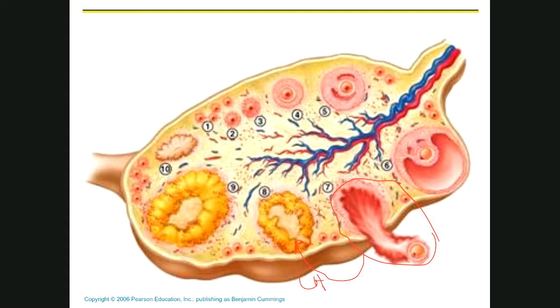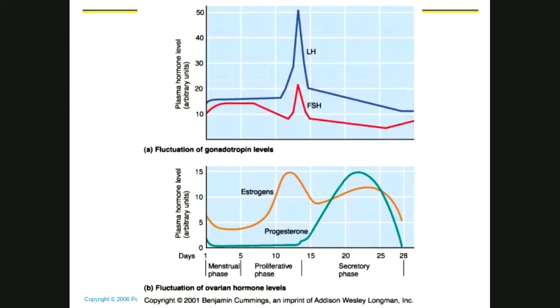Remember, a corpus luteum makes two hormones. It makes estrogen, and it also makes progesterone. So now when we look at it, look, estrogen is going to go back up. But now we've had no progesterone at all until now when we have this corpus luteum, and now it's going to go up as well.